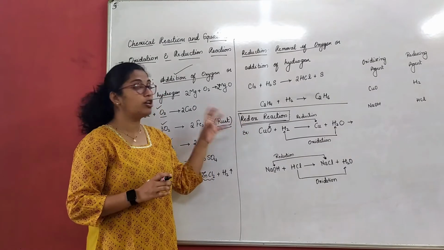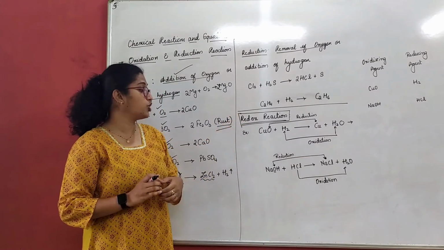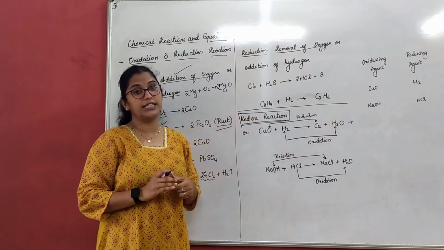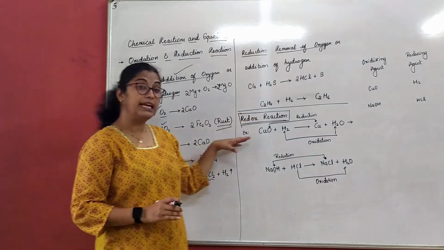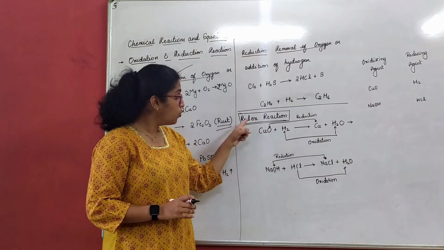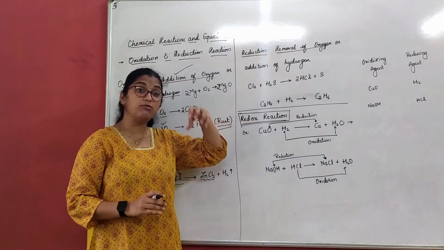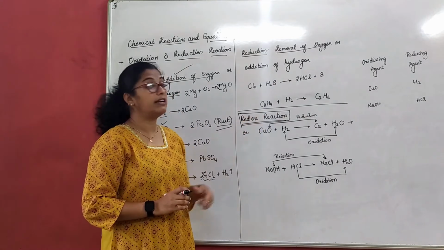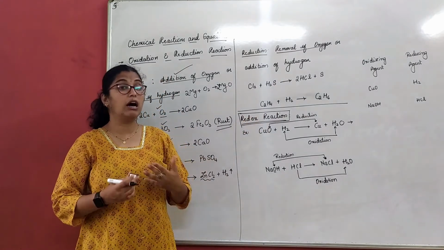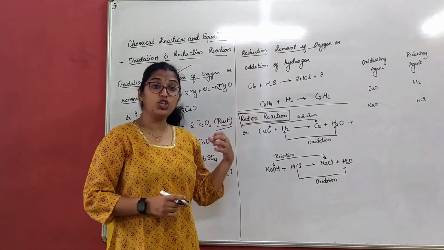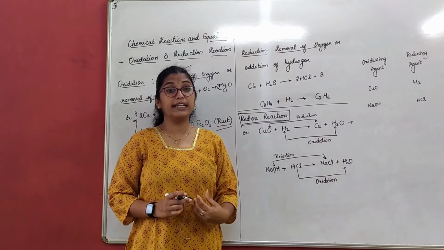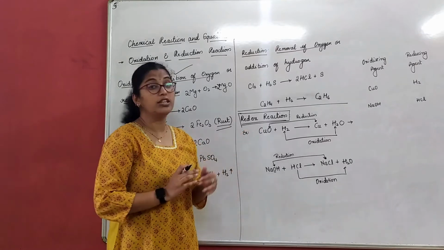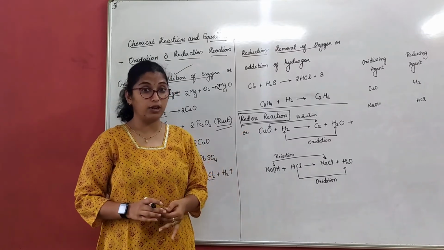So always we call this a redox reaction only, because first the reduction happens and then the oxidation happens, right? How do we define this? A reaction in which both oxidation and reduction happen simultaneously is called a redox reaction.